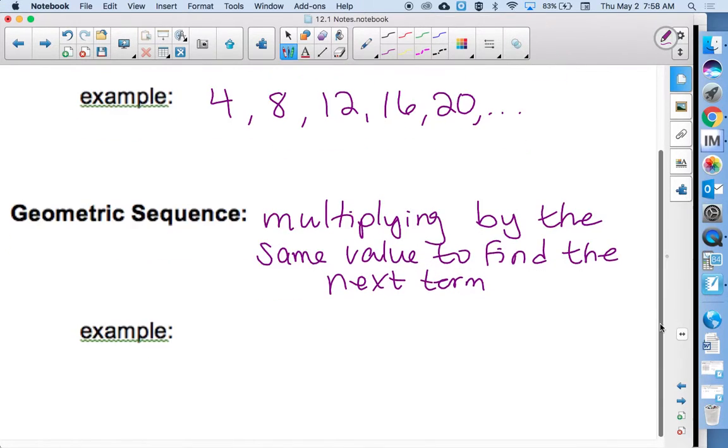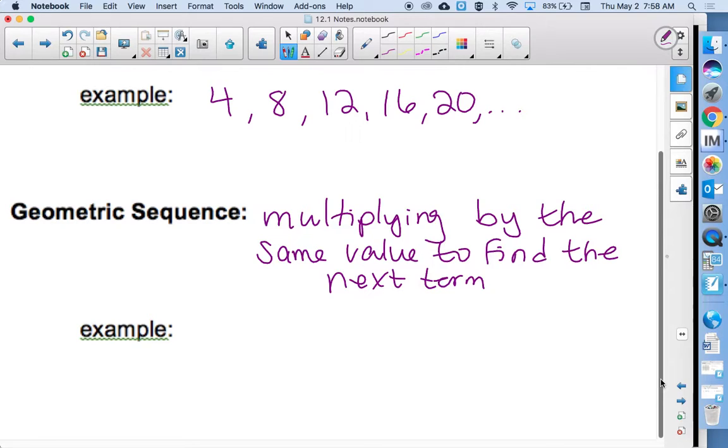So an example of a sequence that would be multiplying by the same number, I could be multiplying by 3 and have 3, 9, 27, not 54, 81, and then continuing the pattern.